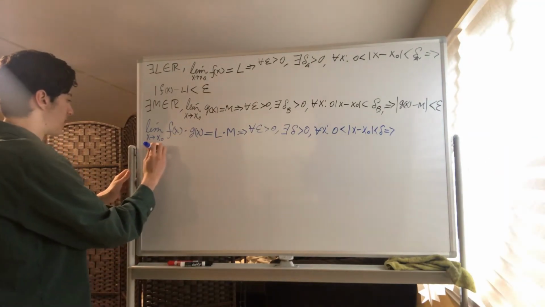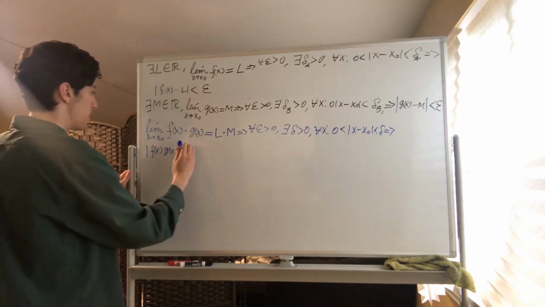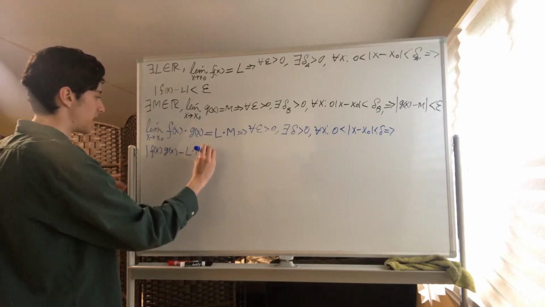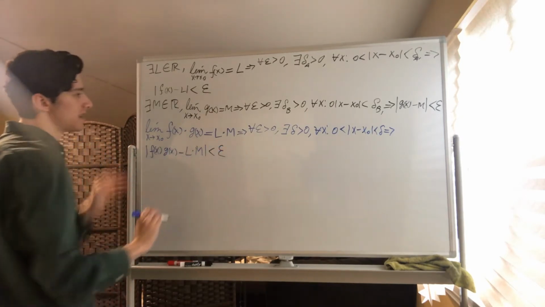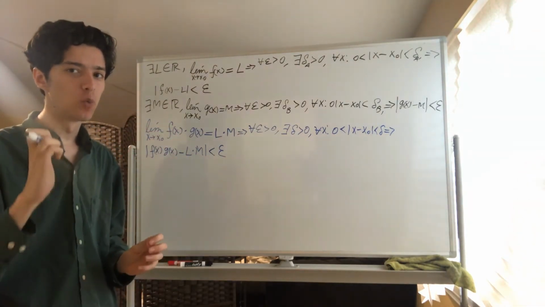So the absolute value of f of x times g of x minus L times m, whole thing in absolute values, is less than epsilon. And this statement in blue here, we have not proven yet, but we want to show.